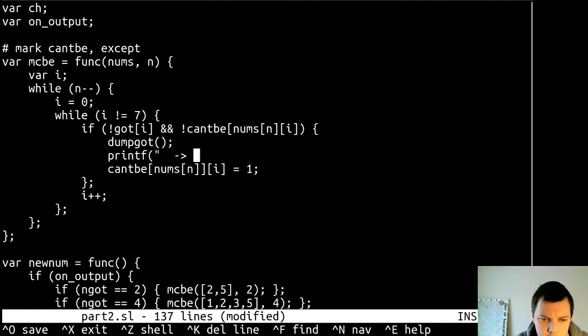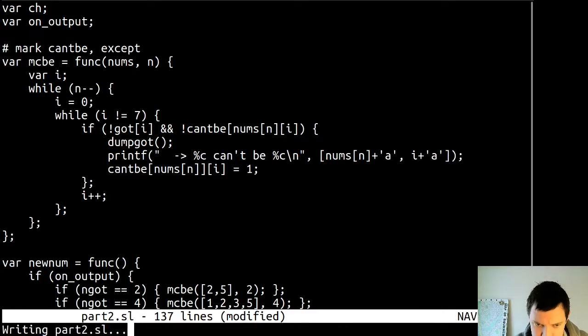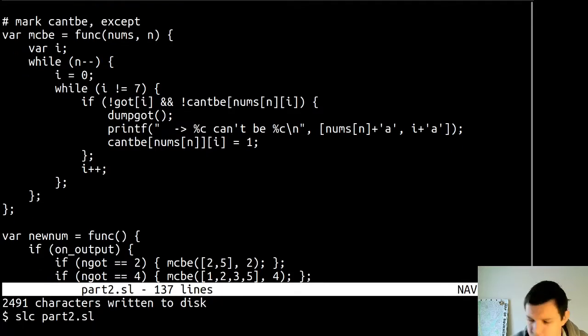So given what we've got, we know that C can't be, which is nums n plus A can't be I plus A. I'm not feeling too bad. I'm an hour and 20 minutes in, but I haven't run out of steam yet.